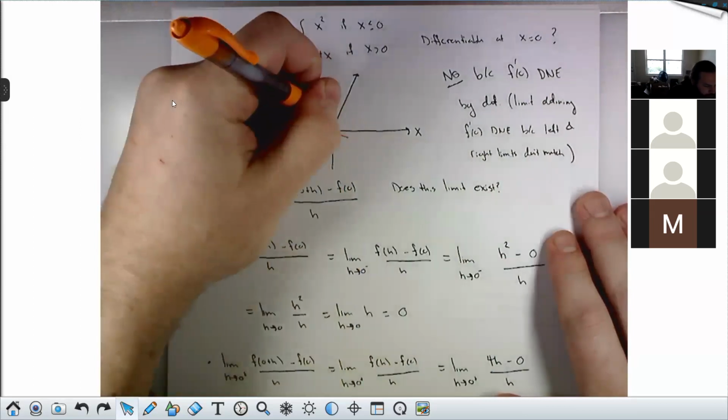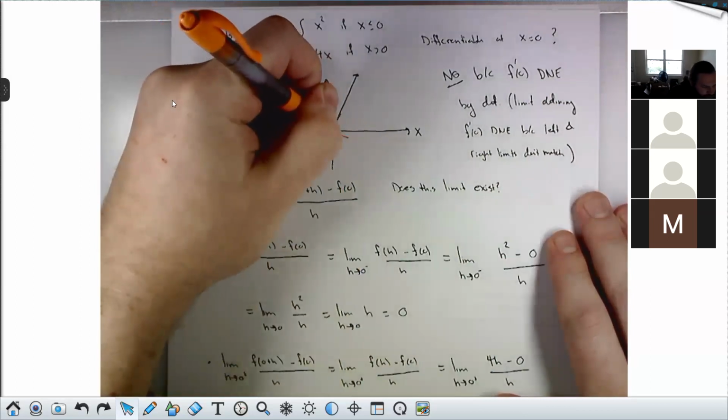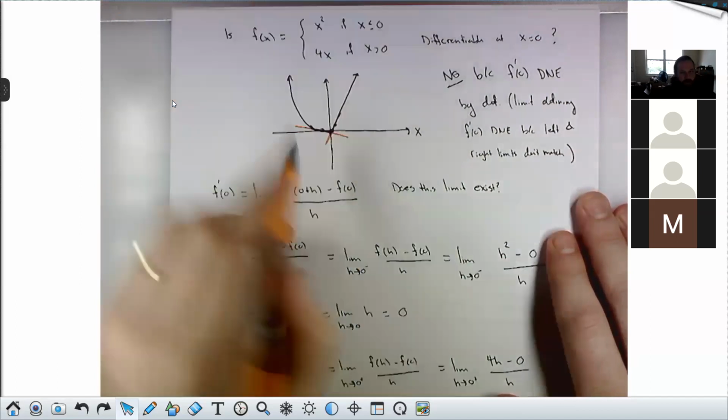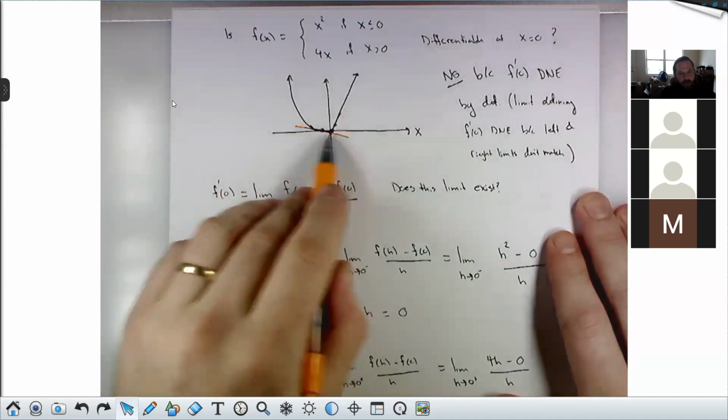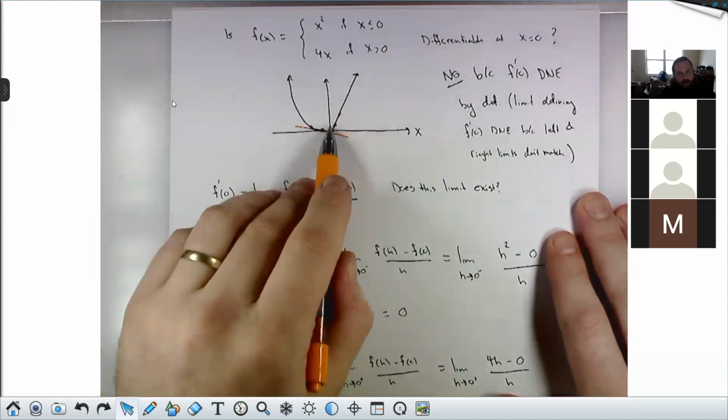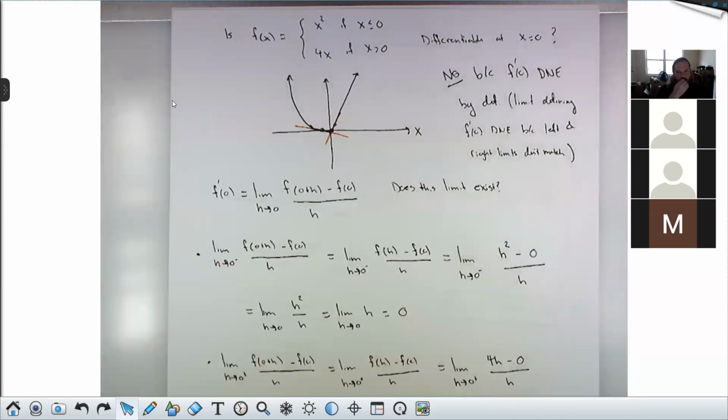But anywhere over here the tangent line looks like this. So there's no smooth transition, right? At this point, there's a jagged transition.